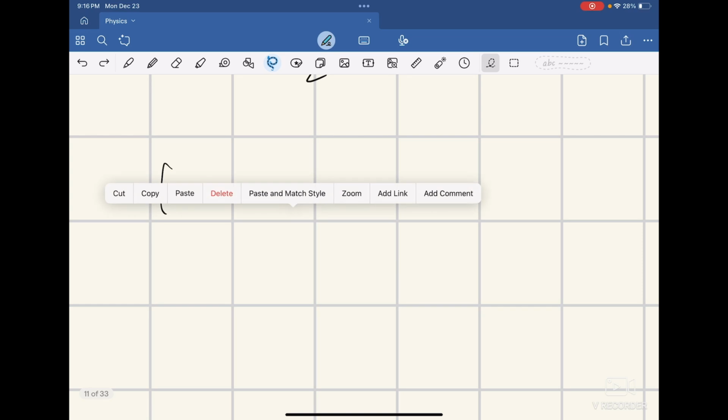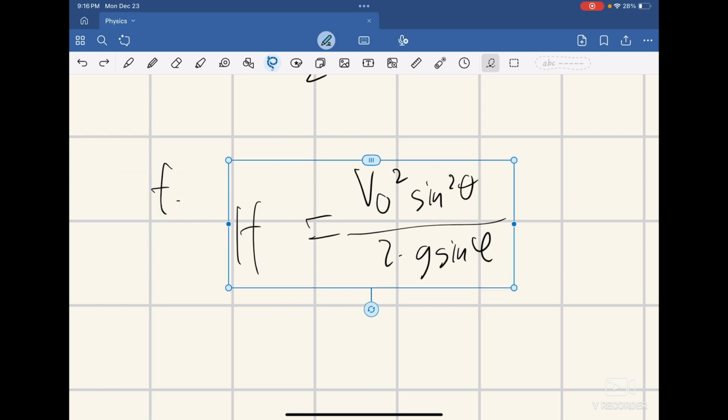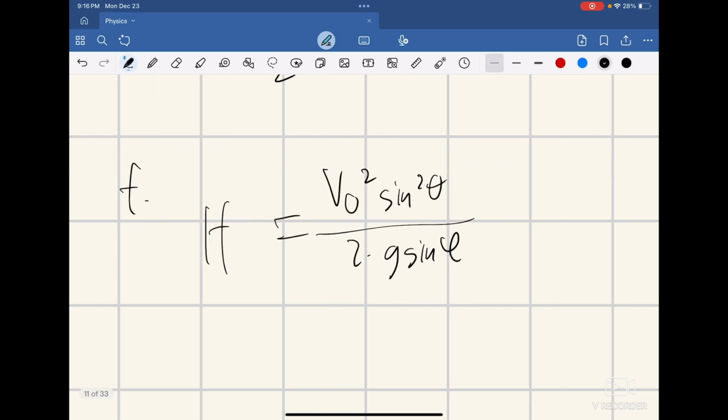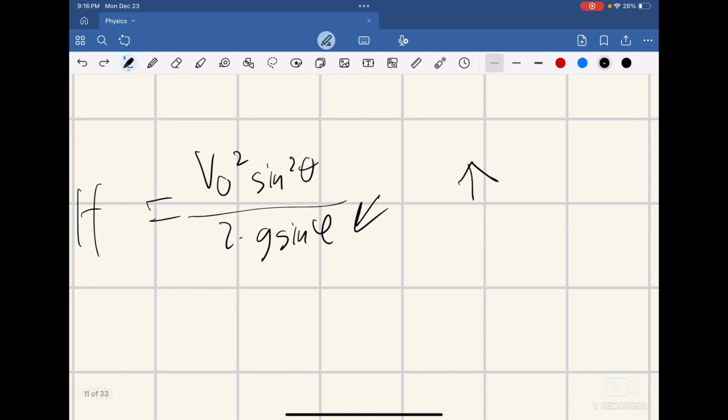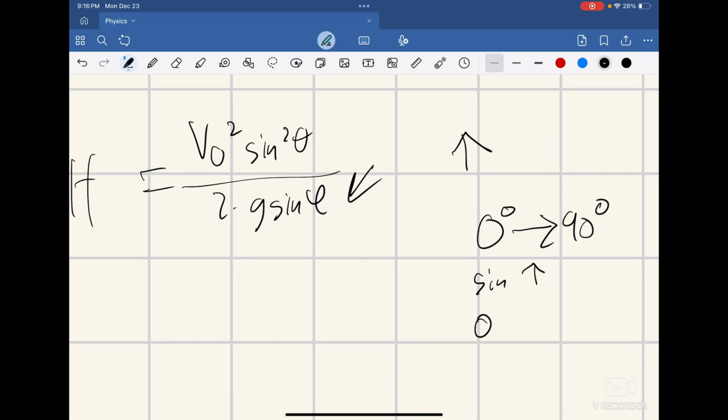What we see here is that phi is in the denominator, right? So if phi was to increase, it affects sine. And what we know about sine is that from 0 to 90 degrees, sine will always increase. Sine goes from 0 to 1, right? So as phi increases, sine phi increases.